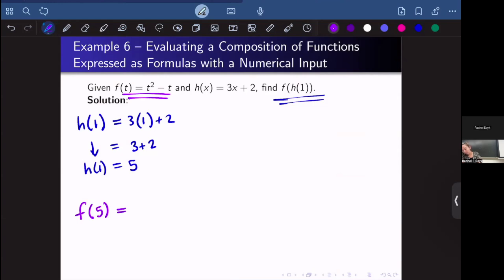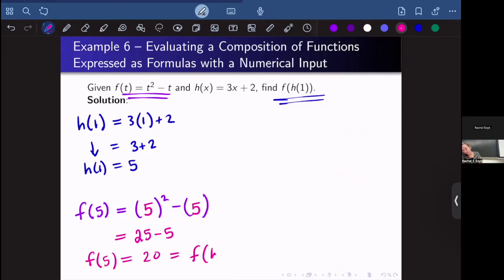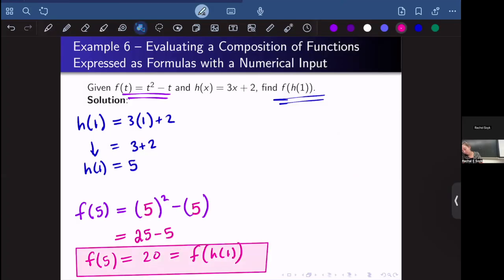So now we're looking at our f of t. Wherever you see your t, put in parentheses and replace or fill in those parentheses with a 5. Simplify, and you get your final result to be 20, which is our f of h of 1. And we're done.